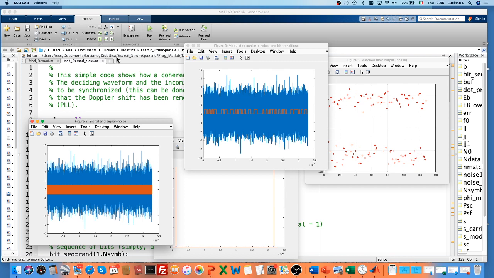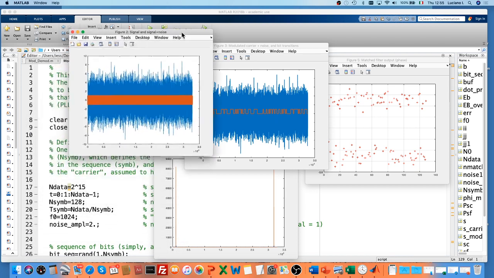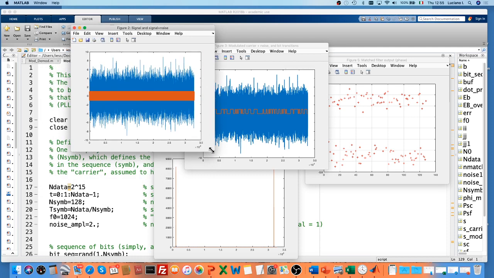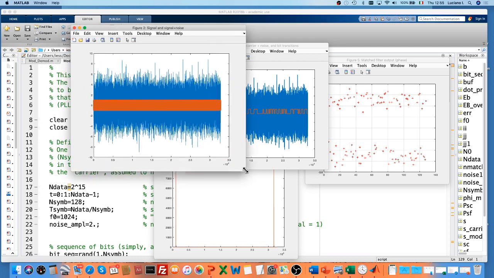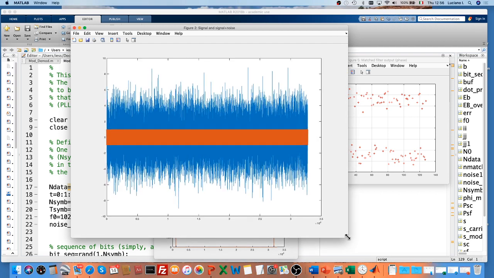I can delete it. This is also something interesting because it gives you an idea of the signal plus the noise. So the red is the carrier, the blue is the carrier plus noise.